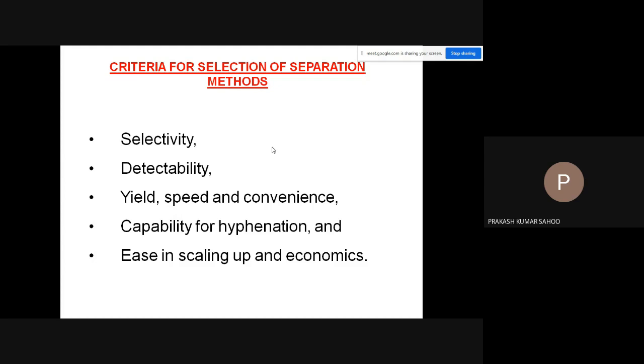The first criterion is selectivity. Second is detectability. Third is yield, speed, and convenience. Fourth is capability for hyphenation, and the last is ease in scaling up and economics.